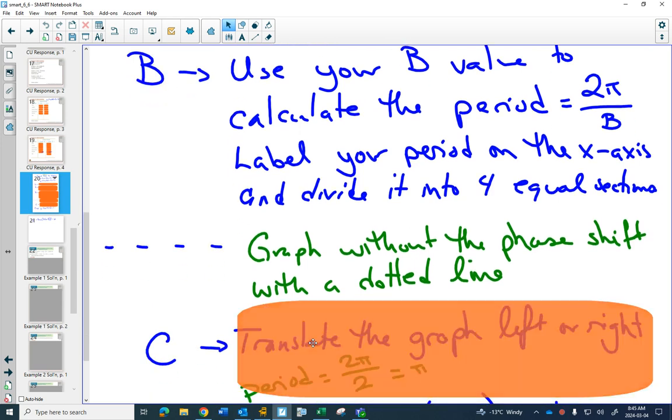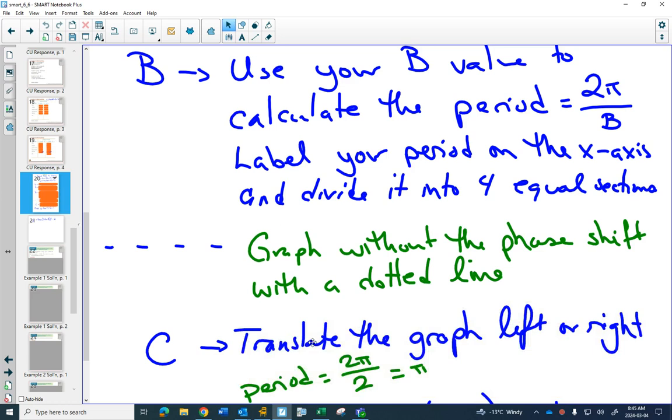And then finally, we find out what our phase shift is, left or right, draw those ticky marks, and since you have your dotted line already, it's going to be easy to shift that dotted line either left or right.